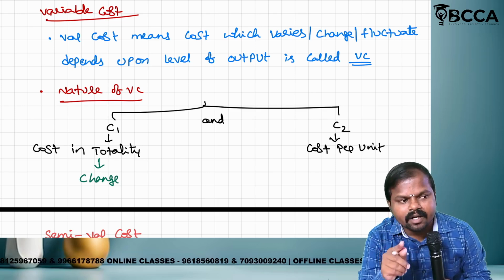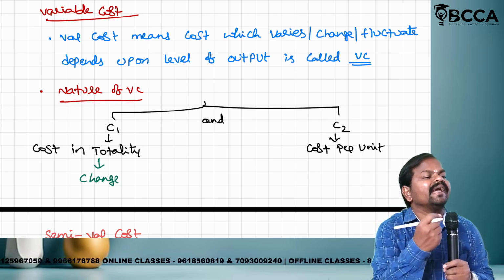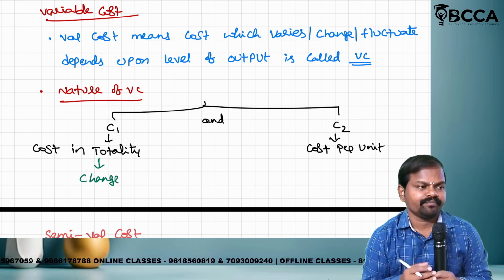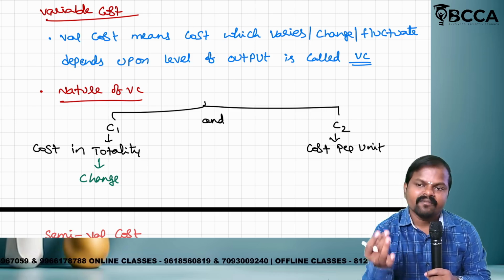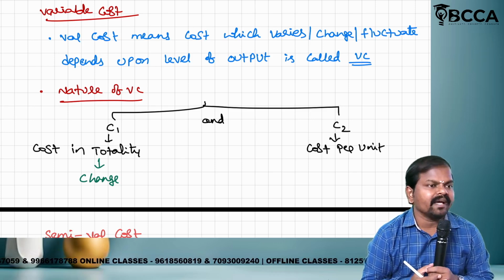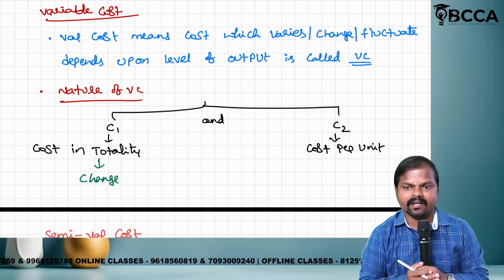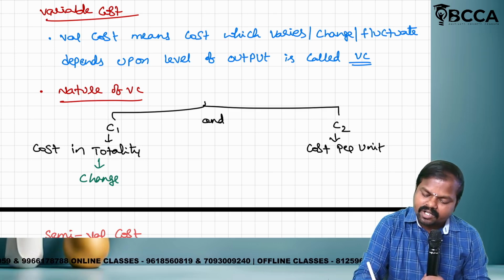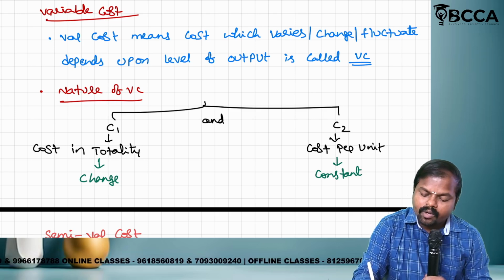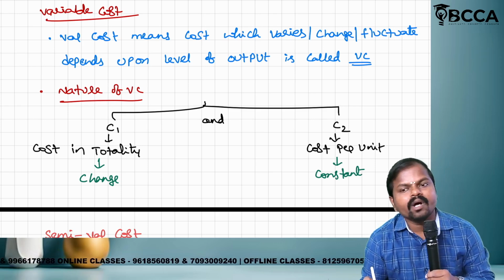Instead of the term change, we can use varies or fluctuate. Change, varies, fluctuate: any one of these three terminologies can be used by the examiner in the examination paper. Clear? Next, cost per unit: constant, or same, or fixed.